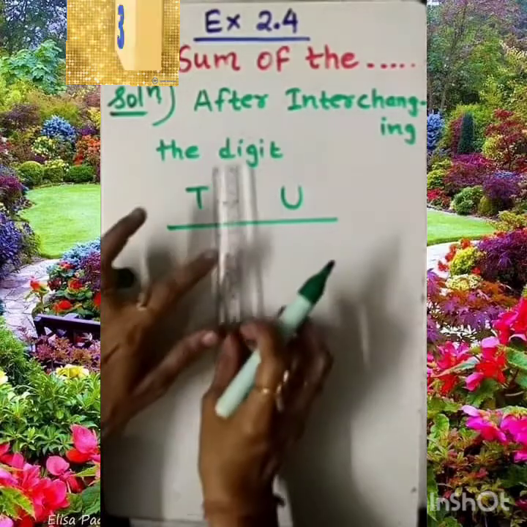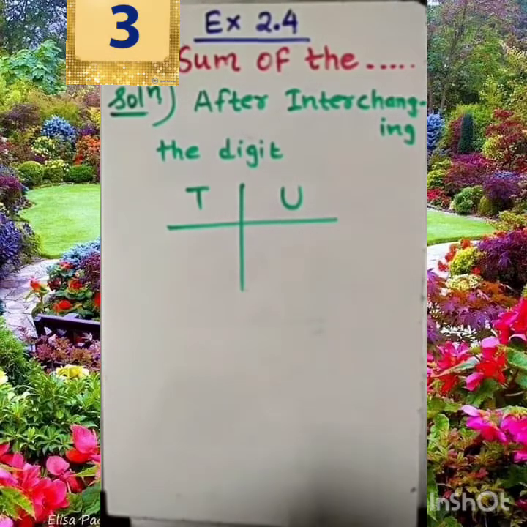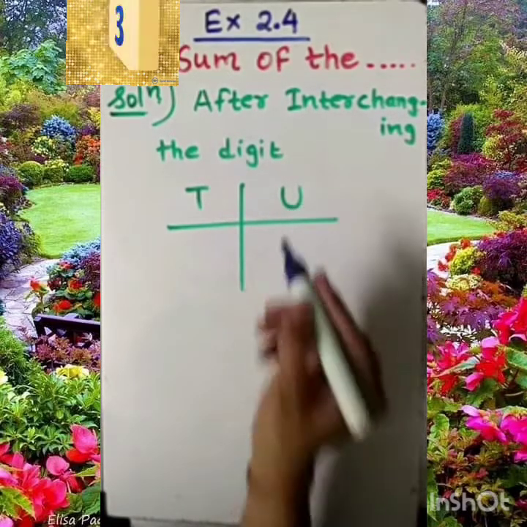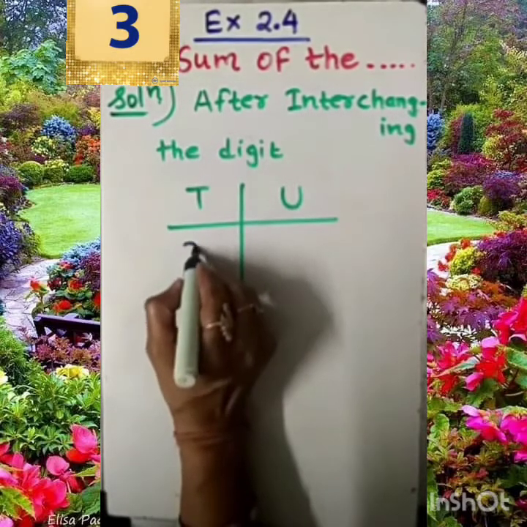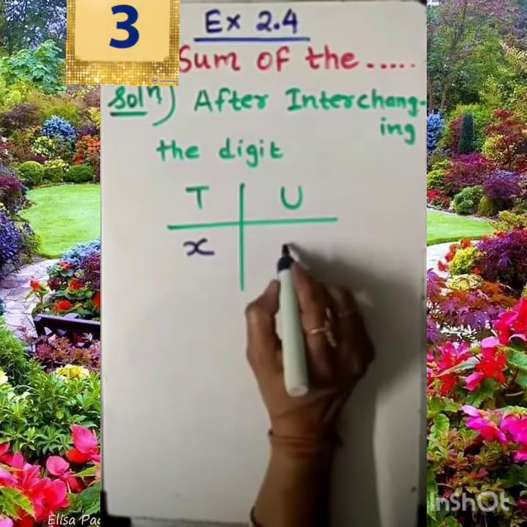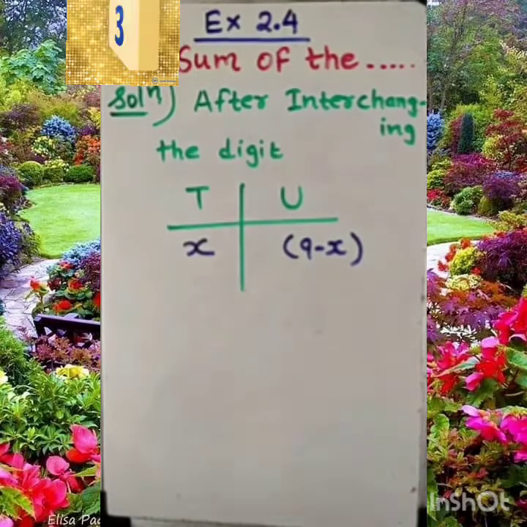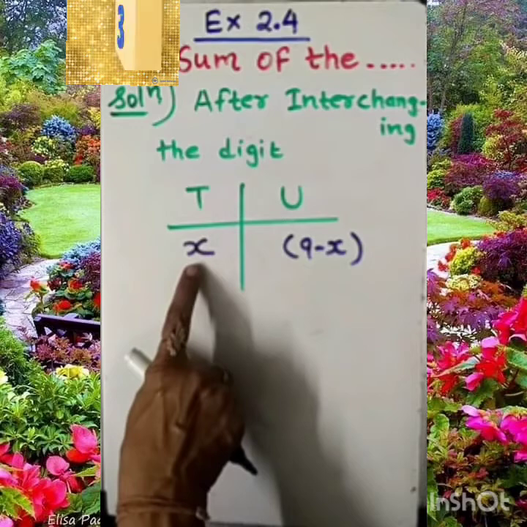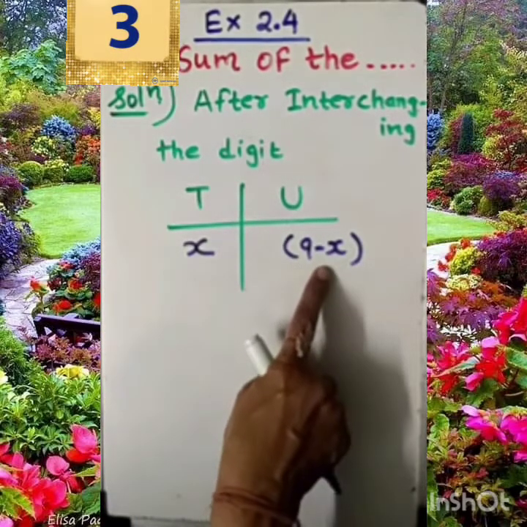What we considered for the tens place, you know very well, and we considered x for the unit place. So this time the unit place digit will become the tens place digit and the tens place digit will become the unit place digit.